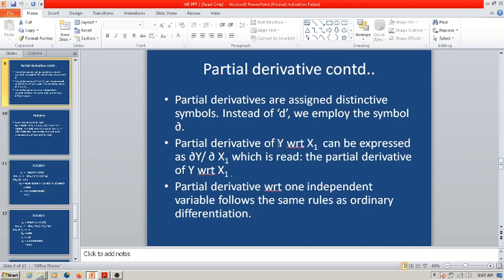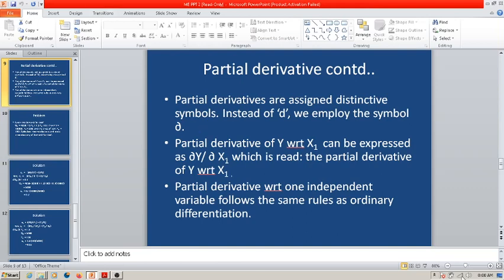The partial derivative of y with respect to x1 can be expressed as dou y by dou x1, which is read the partial derivative of y with respect to x1. Similarly, the partial derivative of y with respect to x2 can be expressed as dou y by dou x2. If x3 is there, then you can express the partial derivative as dou y by dou x3, etc.